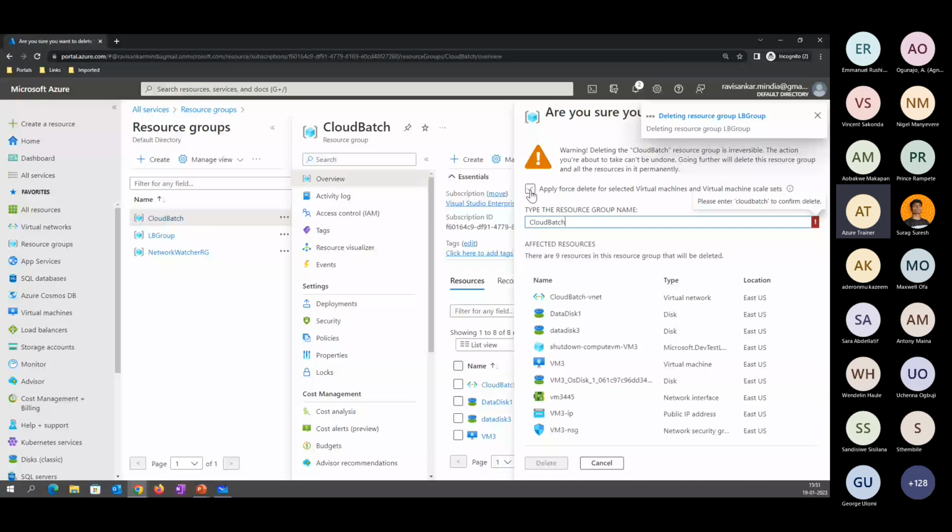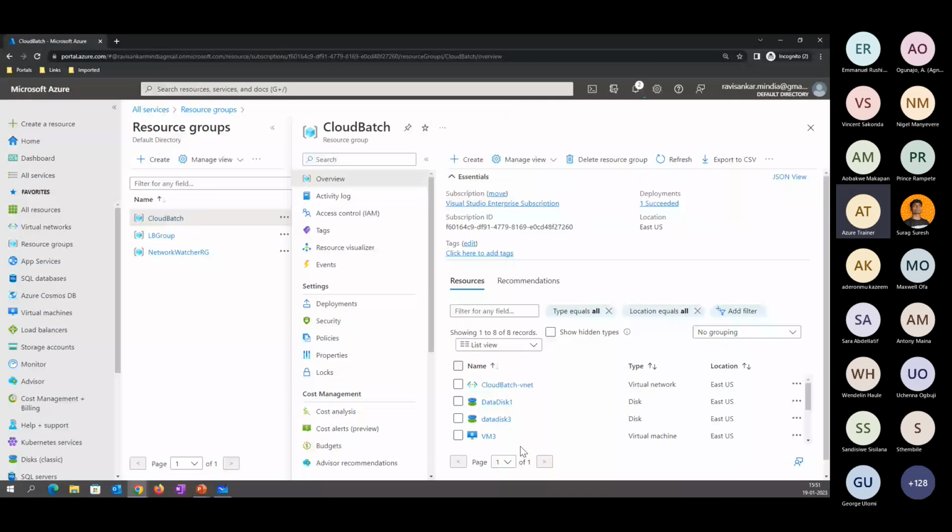It's initiating the decommissioning of a couple of resources here, so let's wait a minute. The deletion is still in progress, so we need to just wait.